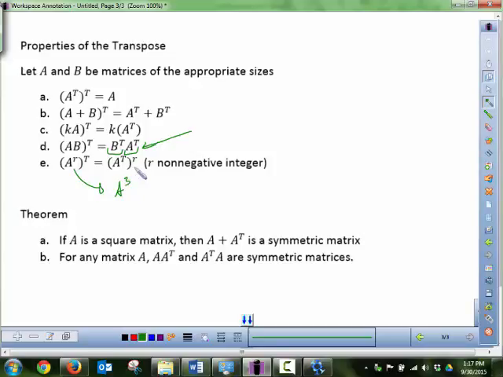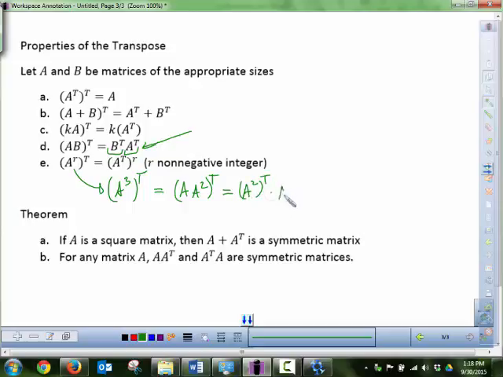A to the third. You want the transpose of this. According to this, let's break it up into A times A squared first. According to property D, this is equal to the second matrix transpose times the first matrix transpose.